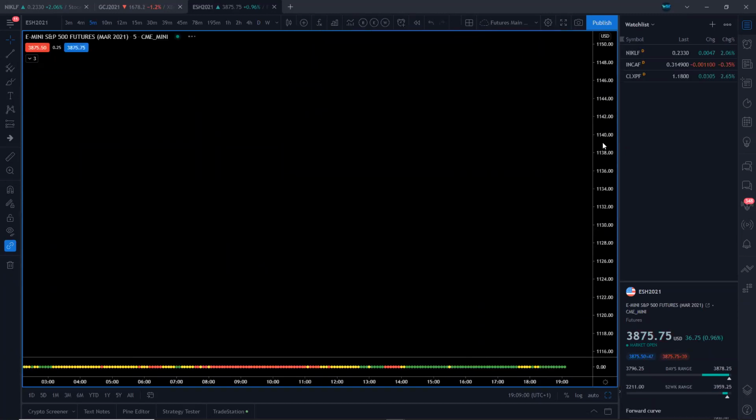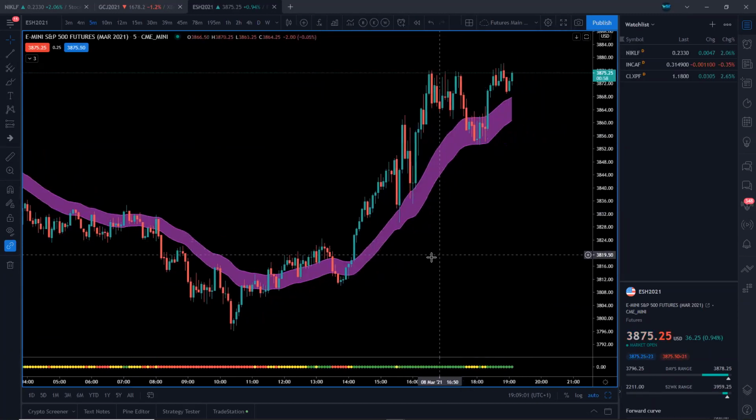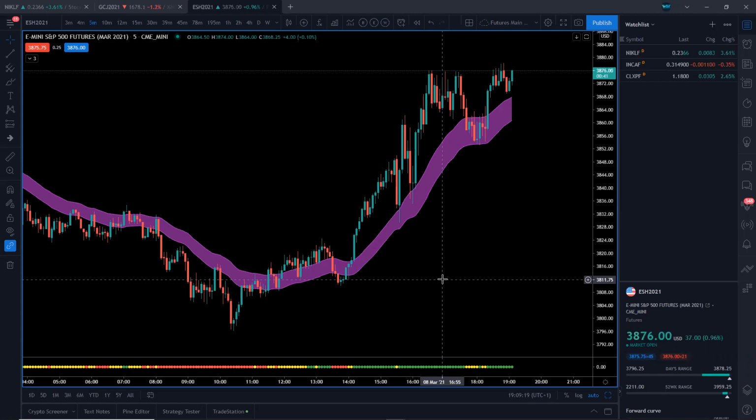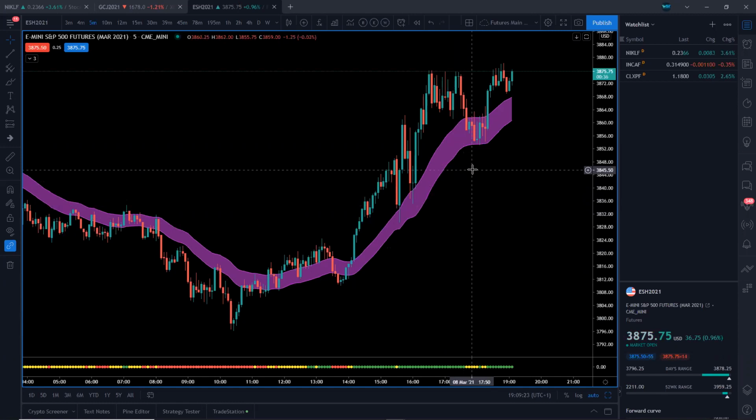What this does is it looks at 3 EMAs, and they all have to be in a certain order for it to be green, and it's the 5, 13 and 21. All of those EMAs on a higher time frame have to be, for a long, 5 at the bottom, 13 in the middle, 21 at the top.